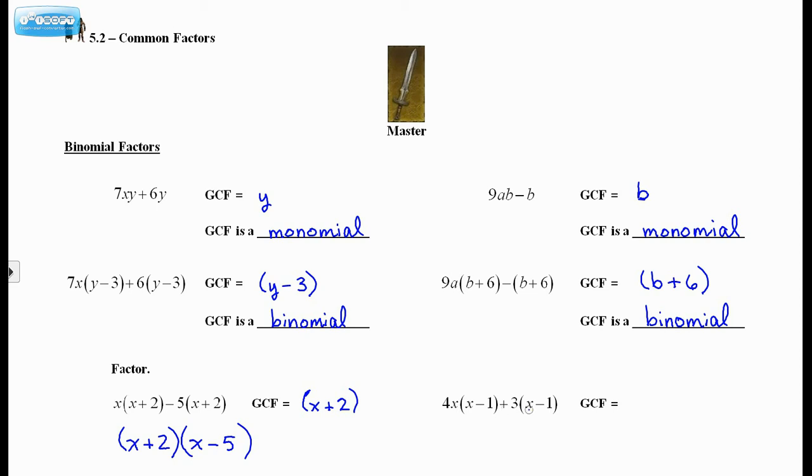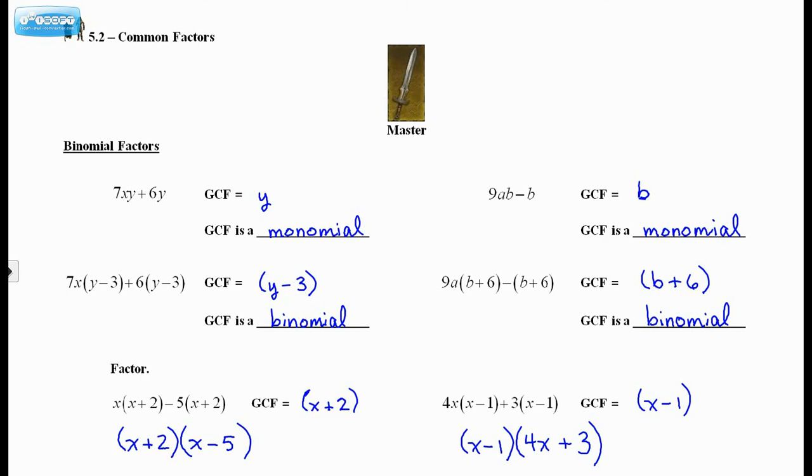Looking at all this junk here, the GCF clearly is x minus 1. So that is what I'm going to factor out of everything. So I'll write that out here. And then what's left? The 4x and the 3. And with that, we're done.